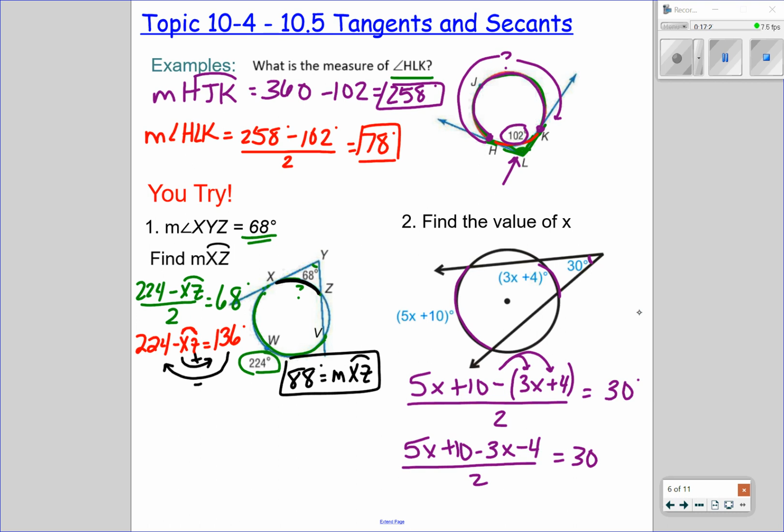So 5x minus 3x gives me 2x. 10 minus 4 gives me 6. And if I multiply that 2, I'm going to get 60. If I subtract my 6, I get 2x equals 54. And then if I divide by 2, I get x equals 27. So that would be the way you can still manipulate these problems with a little bit more algebra.